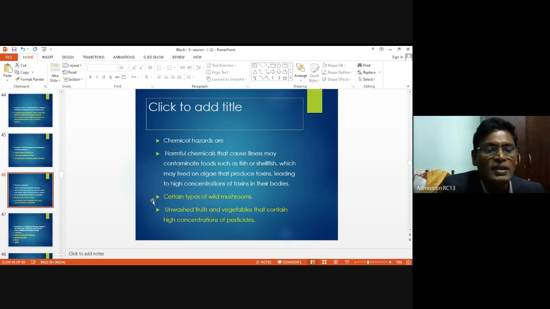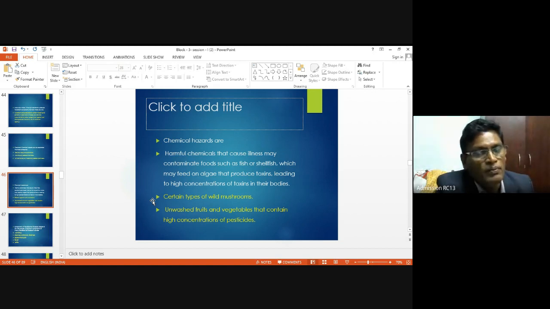So they feed on algae or some other plant toxin, which enters the body of the fish or shellfish, and later on it will create a problem in the human being. Certain types of wild mushrooms also produce a toxin that will be poisonous or create a health problem to human beings.